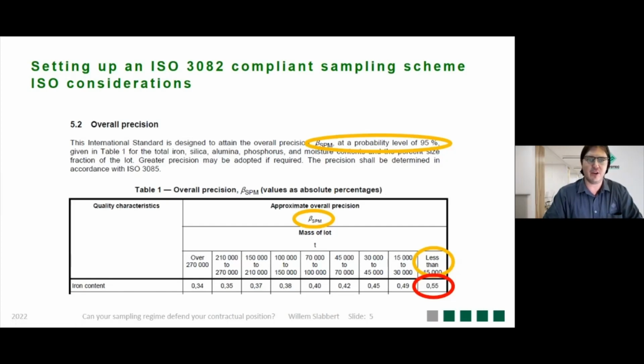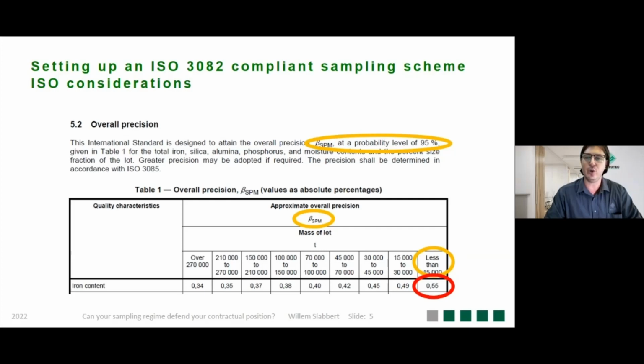When we set up an ISO 3082 compliant sampling system, we can first see that the ISO standard lists a probability of 95% of finding the precision levels if you follow the recommendations by the ISO standard.